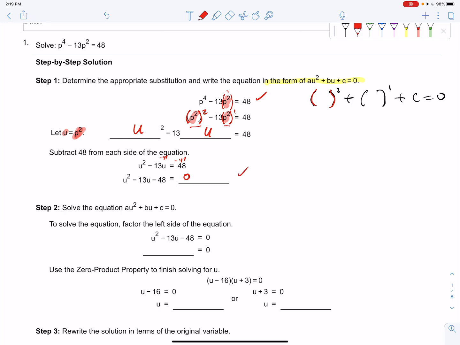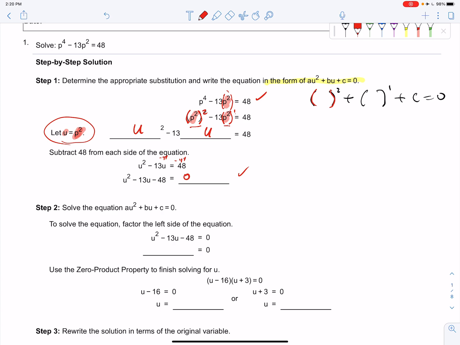After we solve this quadratic, we're going to sub back in what it's supposed to be. You replace u's with p squares, and now we're back to the original problem. But by turning it into a quadratic temporarily, it allows us to use all the methods that we have of solving quadratics. Like what? Number one, set it equal to 0 and factor.